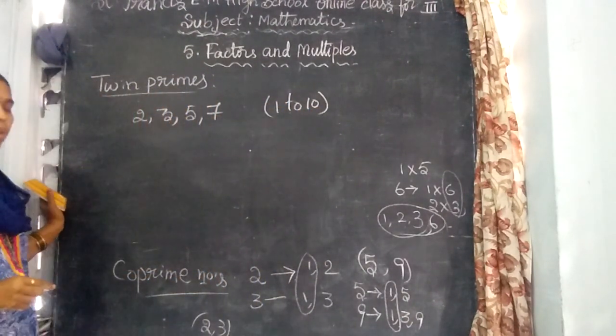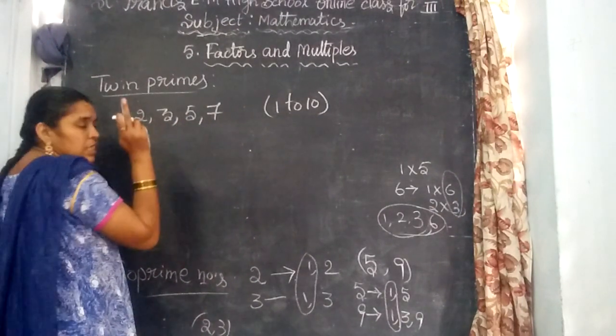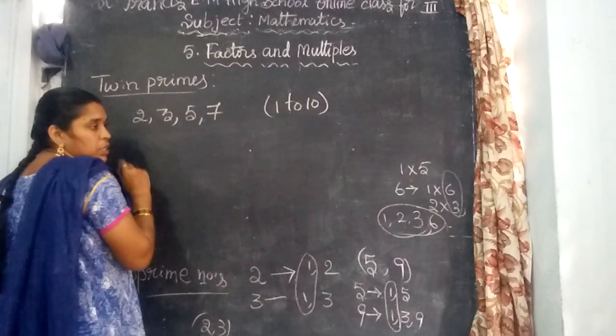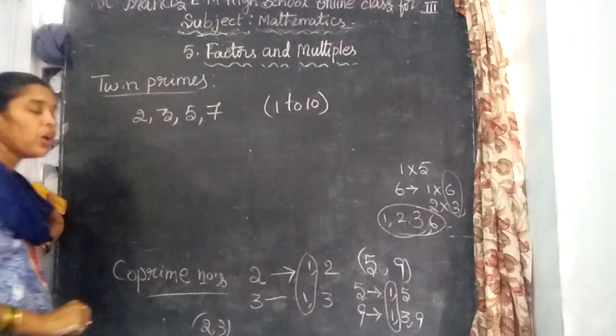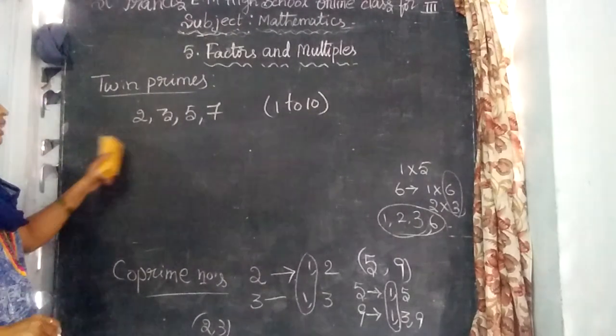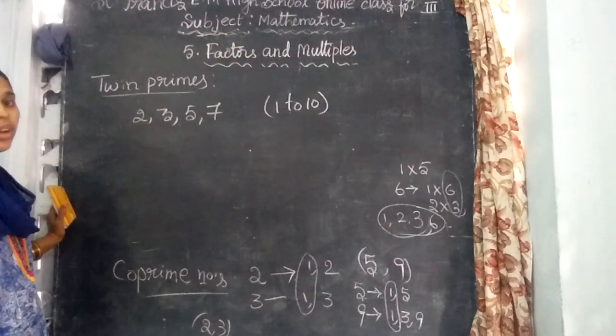Right? 4 is a composite number. 6 is a composite number. 8 is a composite number. 9 is a composite number. Now all I told you. Right? So these are the primes between 1 to 10.